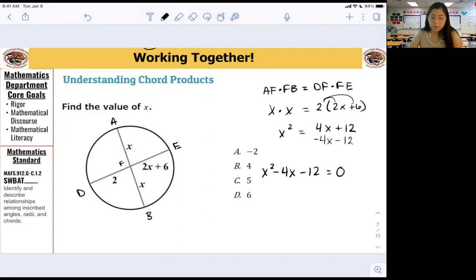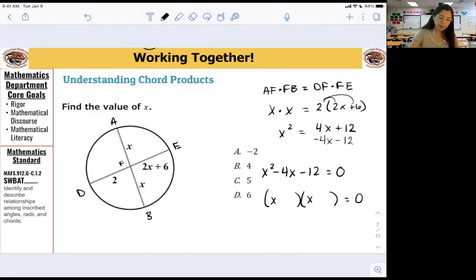Now it's in standard form, and in order to find the value of x, I'm going to factor. This is a big review of quadratic functions. We're looking for the solutions, so we're just going to factor this trinomial. That means that I have to fill in the blanks. What numbers go into those blanks when we factor?